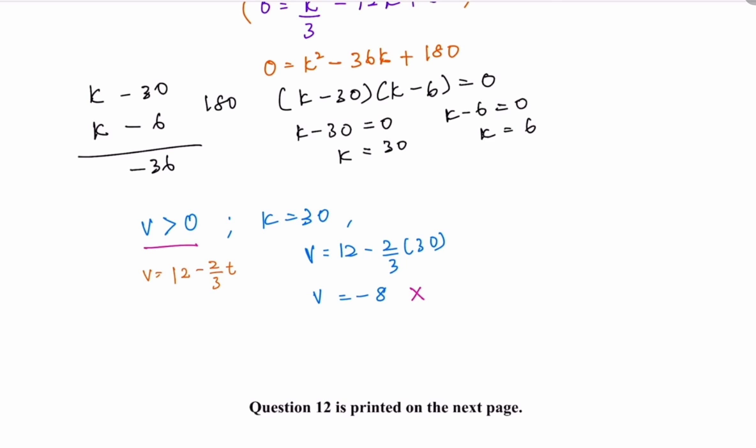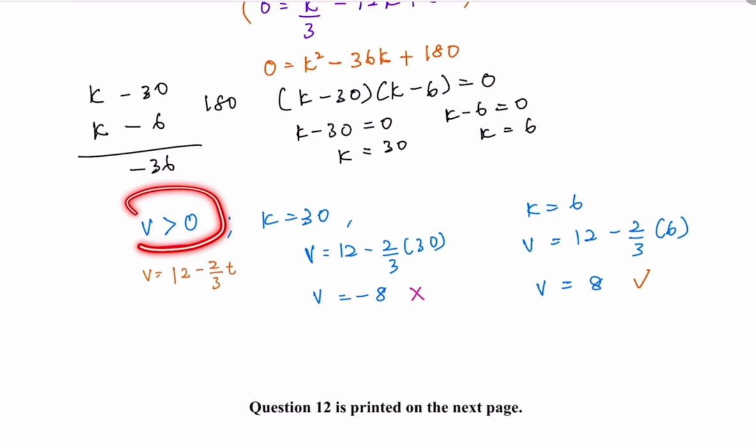Now let's test for when K is equal to 6. V equal to 12 minus 2 over 3 times 6. V is equal to 8, and this is within our condition where V must be bigger than 0. The final answer that is accepted is K equal to 6.